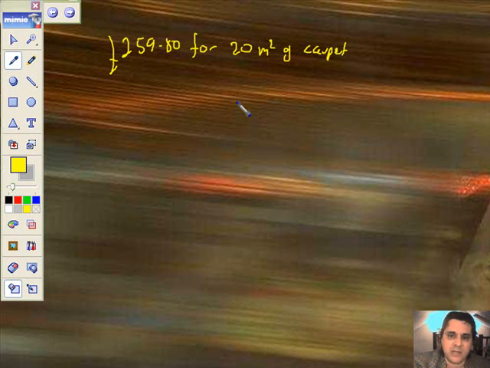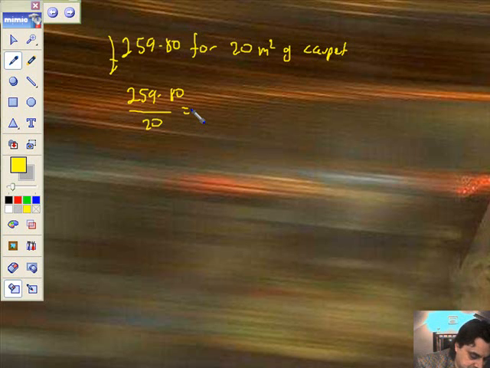Let's just use the unitary method, divide by 20 to find the cost of 1 metre square. So £259.80 divided by 20 equals, that's going to cost me £12.99 a metre.